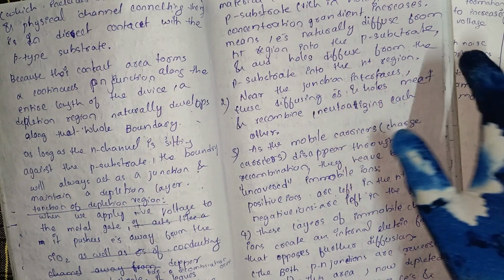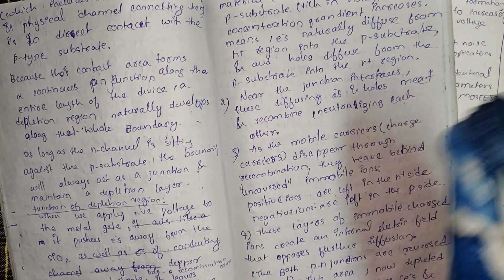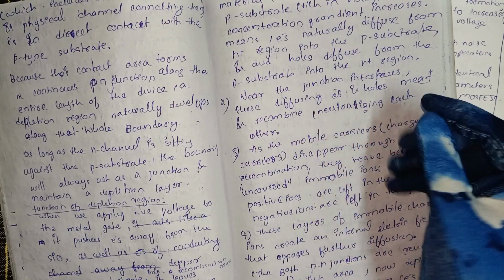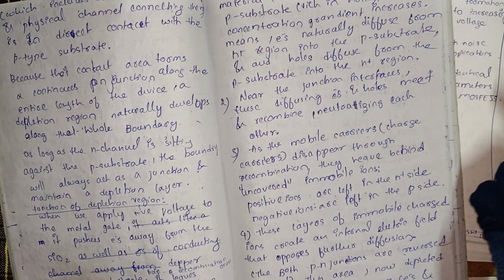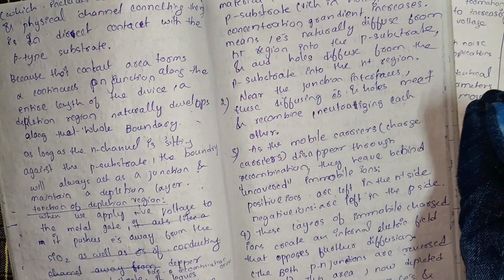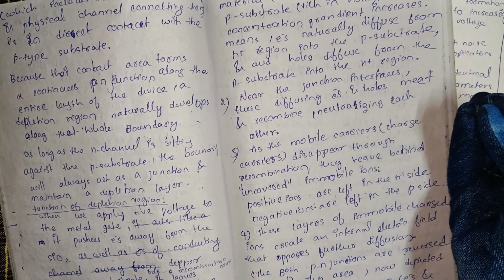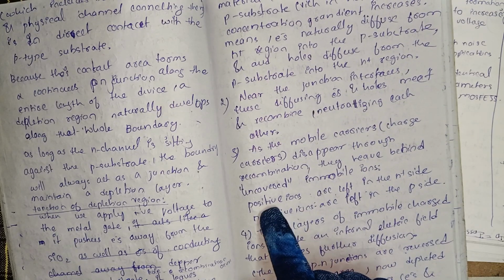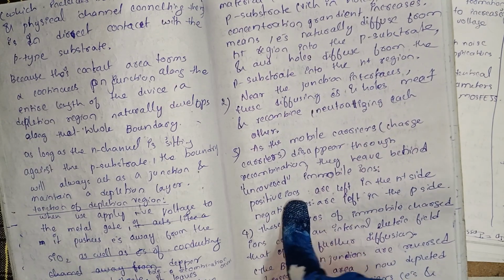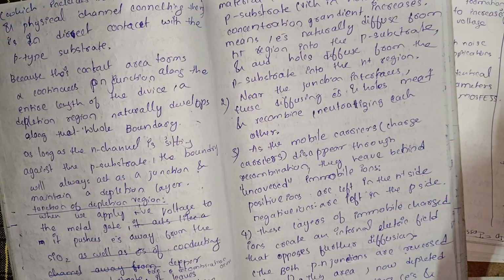So these free electrons and holes are combining with each other and leaving the immobile ions, that are negative acceptor ions and positive donor ions, which form the depletion region.